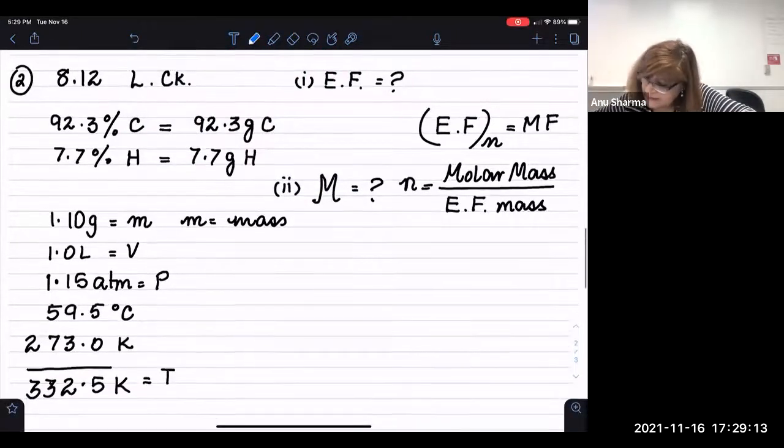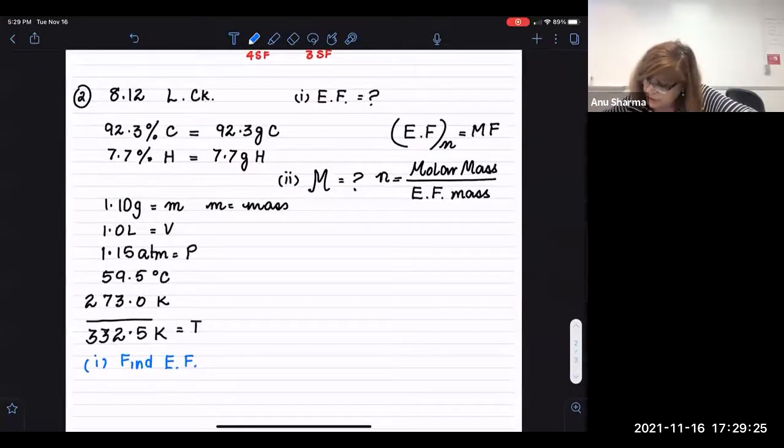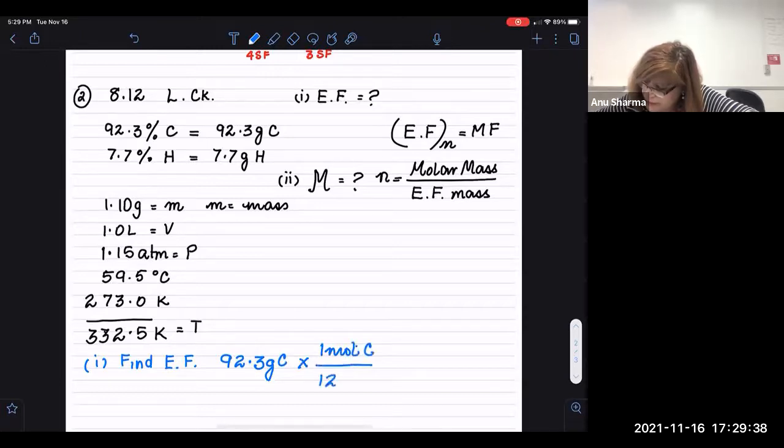So let's see. Part one is find empirical formula. We are given 92.3 grams of carbon. First thing is convert into mole. So 1 mole of carbon over 12 grams of carbon.